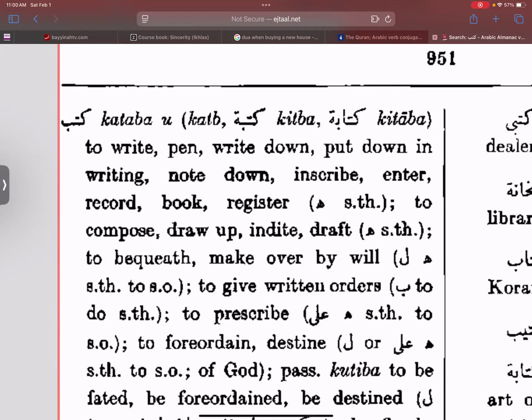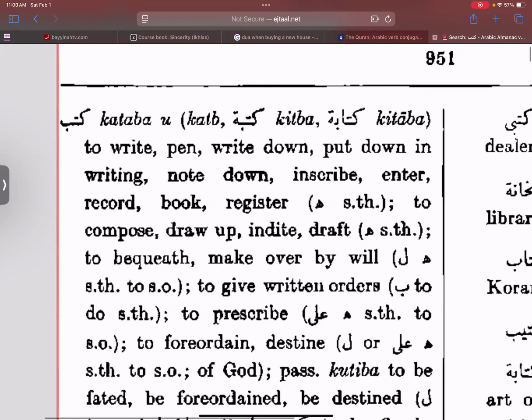That is the u of mudari. This tells me that when you convert kataba into mudariya, your middle root letter needs to take a dhamma: Yaktubu. This u is telling me that it is Bab Nasara. So kataba converts into mudariya Yaktubu.